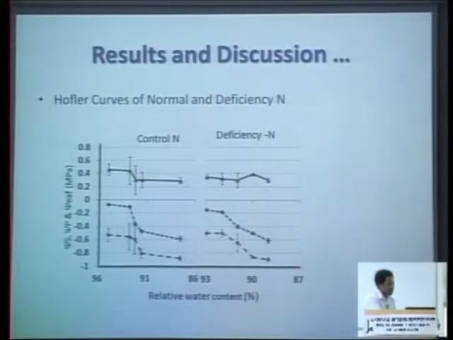So we try to see the Höfler curve of the normal and deficiency nitrogen also. So I can say that the water potential of the normal or the control one keeps decreasing slightly in the beginning, and it goes down fast. Here it was the same as compared to this one, but the trend is shifted.